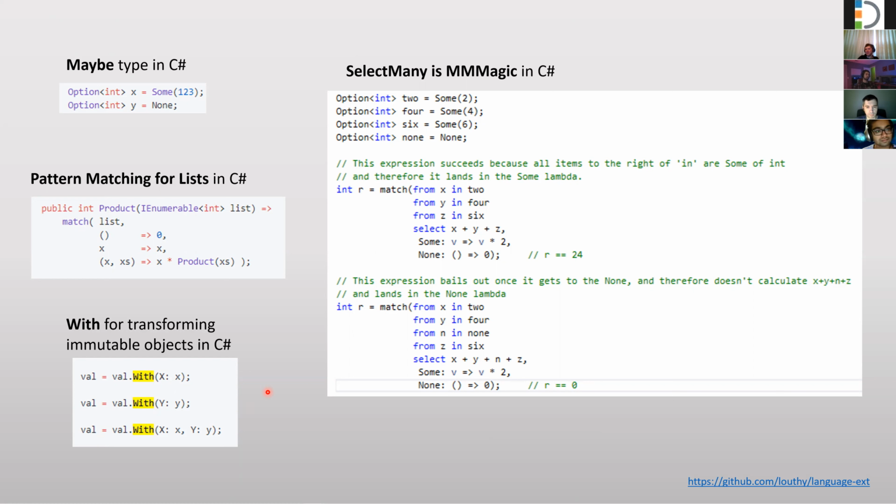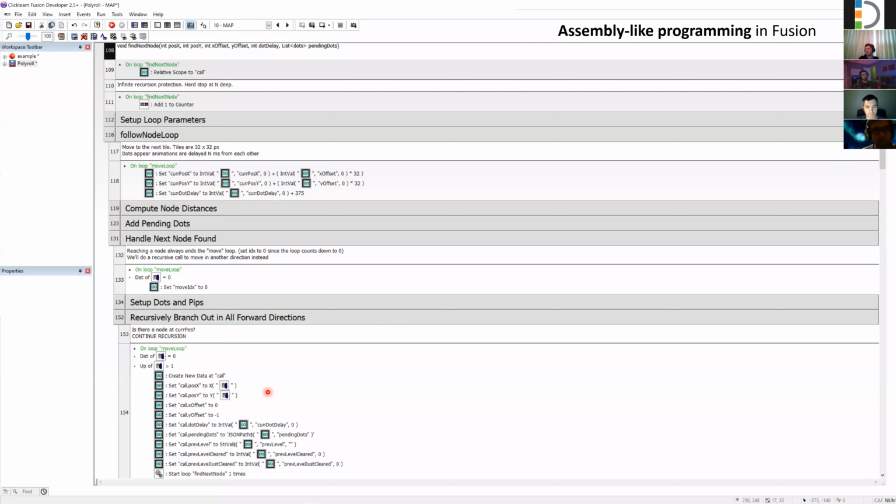You can take ideas from Clickteam Fusion and apply them to any other programming language. And I actually did the reverse too. For the Polyroll map screen, I wrote myself an extension for Fusion that let me do a call stack and recursive algorithms in Fusion.